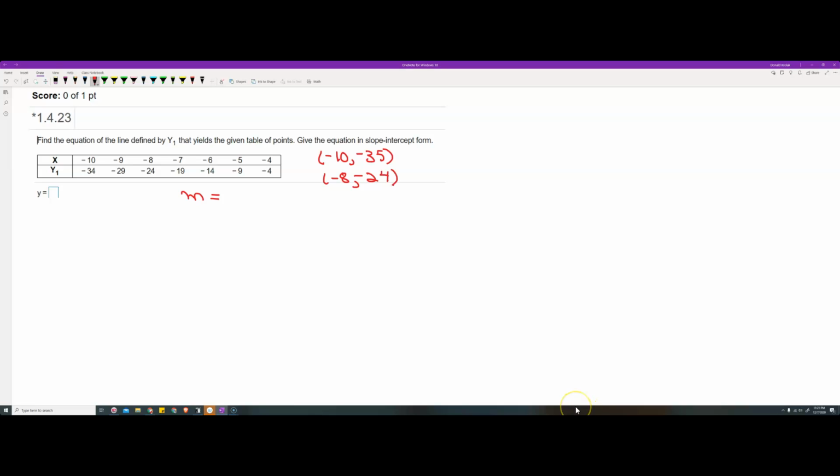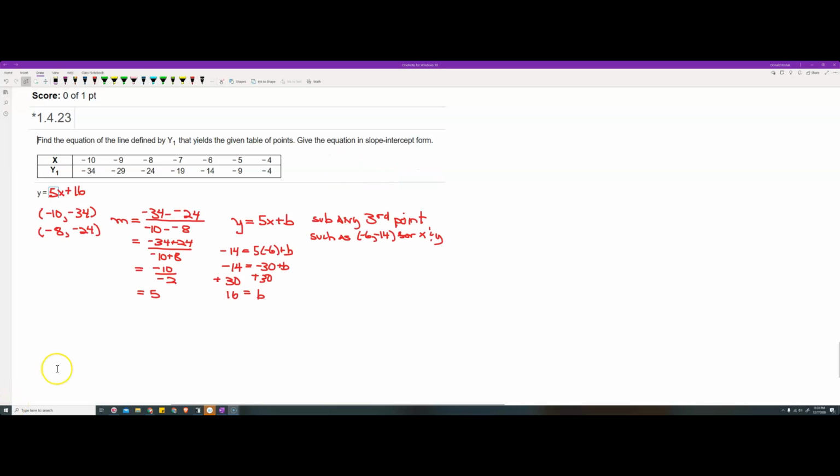To put this into slope-intercept form, I'm going to first calculate my slope. I chose 2 points because I'm told that this is a line, so it doesn't matter which 2 points I use. I calculated my slope, and I got 5 for the slope. Once I got the slope, I put the slope into y equals mx plus b.